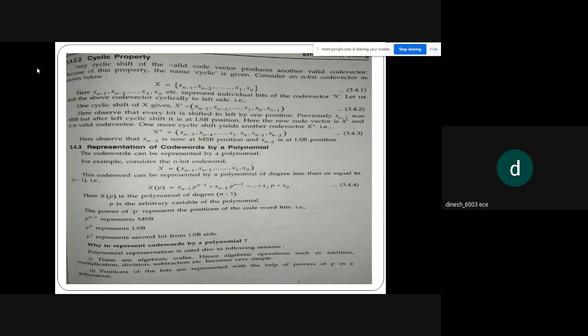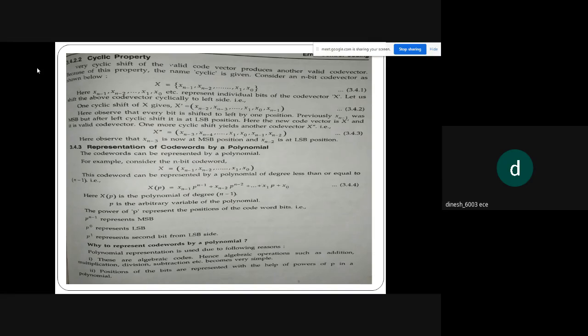Then we had seen the definition of the cyclic property also. That is the shifting of either the MSB or the LSB. If you want to shift to the left-hand side, the left side would be your MSB, the right-hand side would be your LSB. So the MSB will move to the LSB's position in left shifting, whereas in right shifting, the LSB would be shifted to the MSB's position.